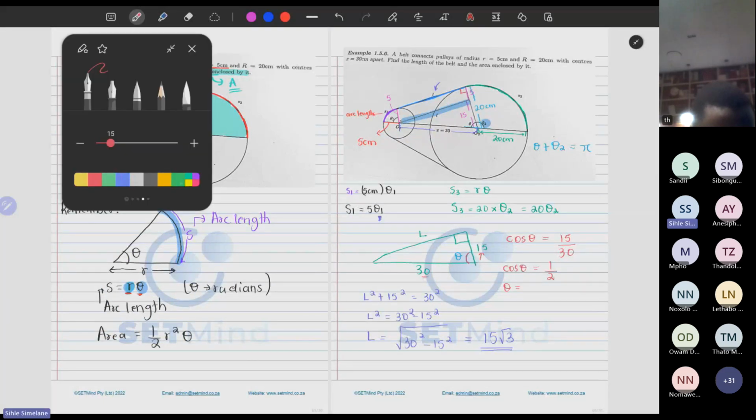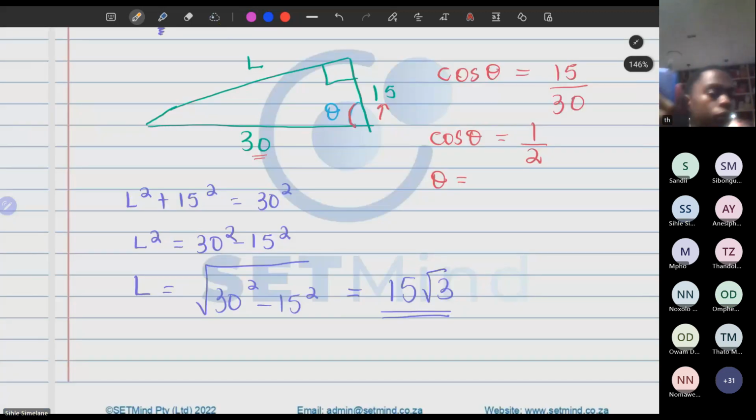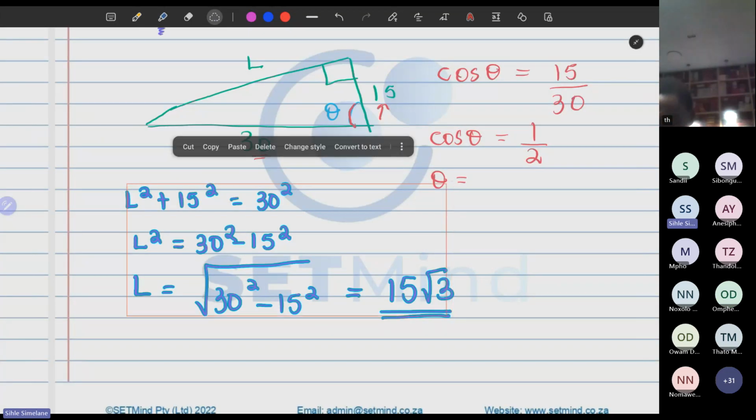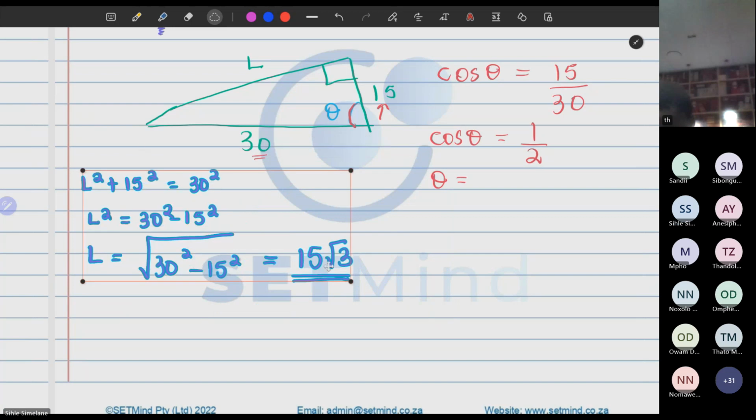Okay, let me quickly draw it for someone in case they might have forgotten. Let's make some space here and quickly draw the special triangle for you. So it looks like this. So you have that.